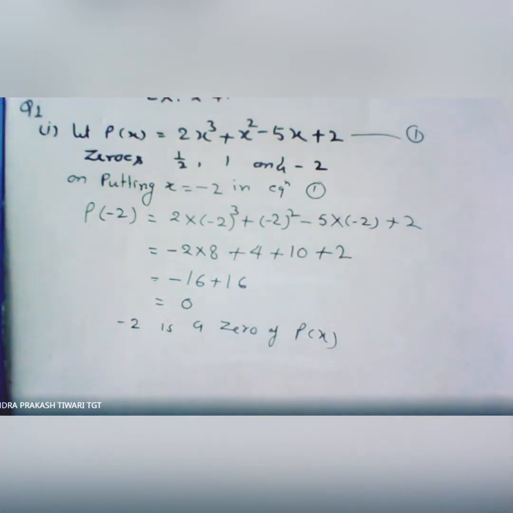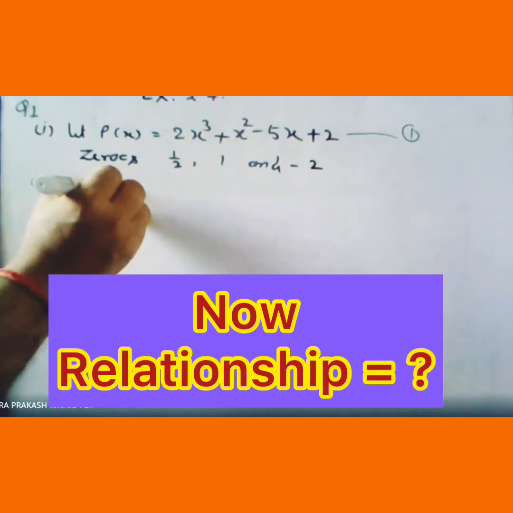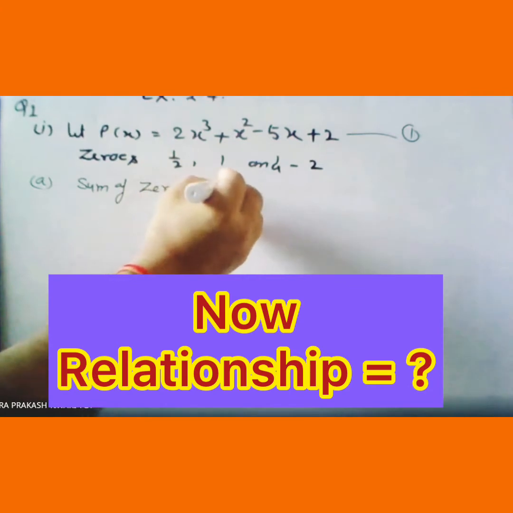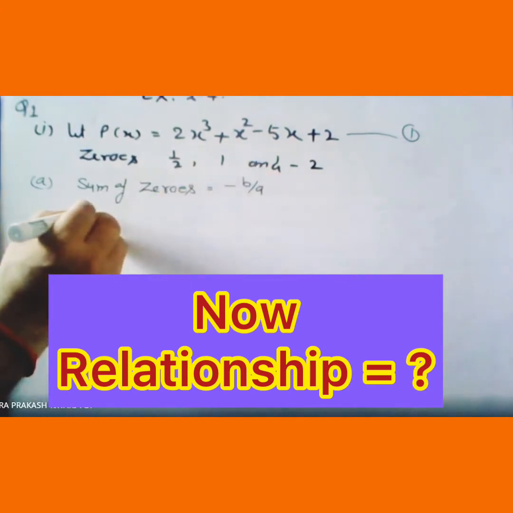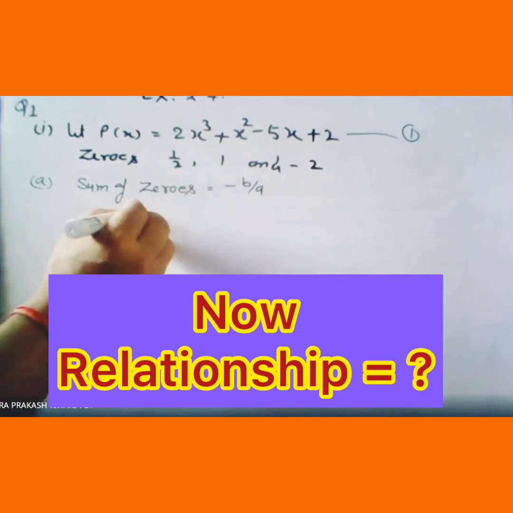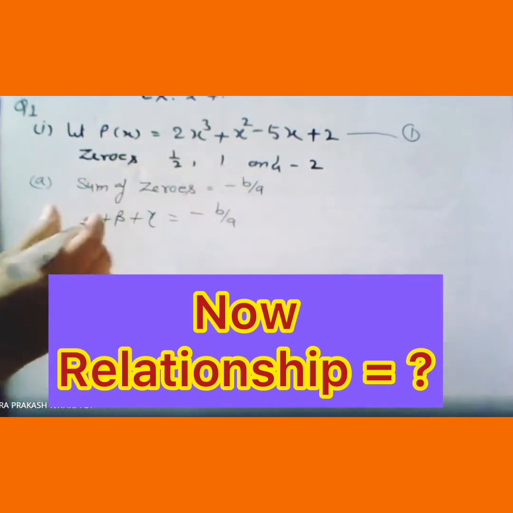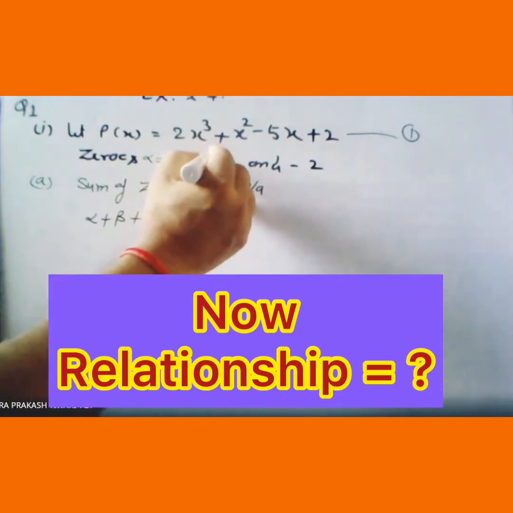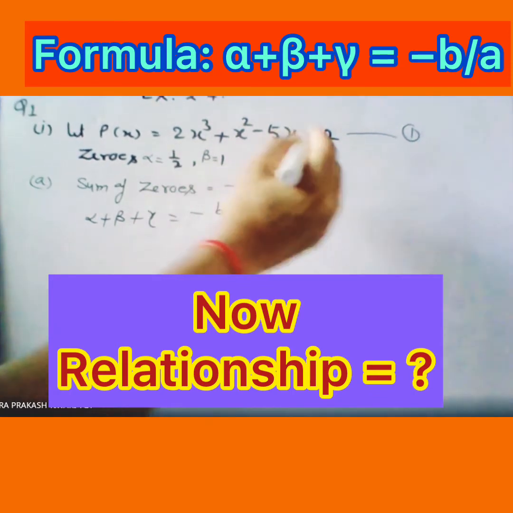Okay. So moving to number A, sum of zeros equal to minus b upon a. Sum of zeros means alpha plus beta plus gamma equal to minus b upon a. So dear, alpha is this one, beta is the second value, and gamma is the third value, -2.